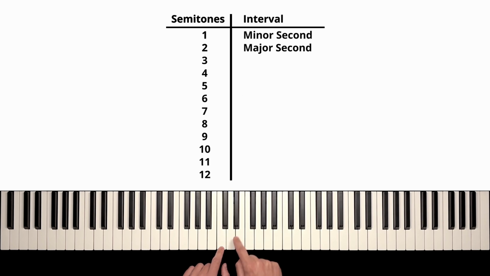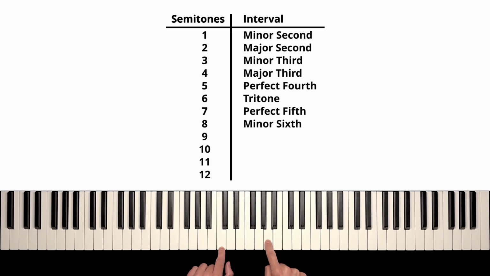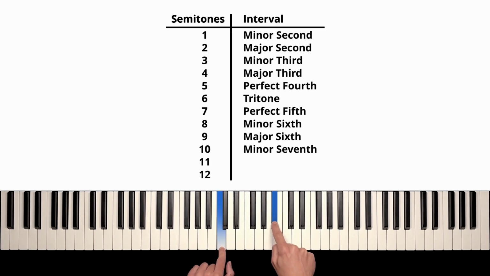Then we have the minor 3rd and the major 3rd, the perfect 4th, the tritone, sometimes called augmented 4th or diminished 5th, the perfect 5th, the minor 6th, major 6th, the minor 7th, and major 7th. And last but not least, the octave.